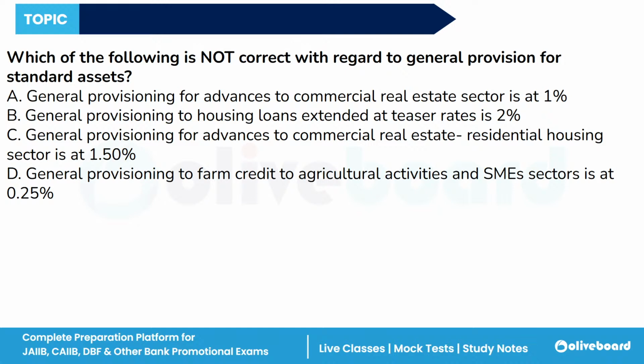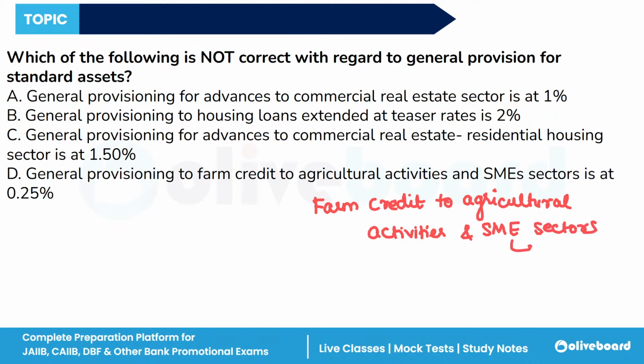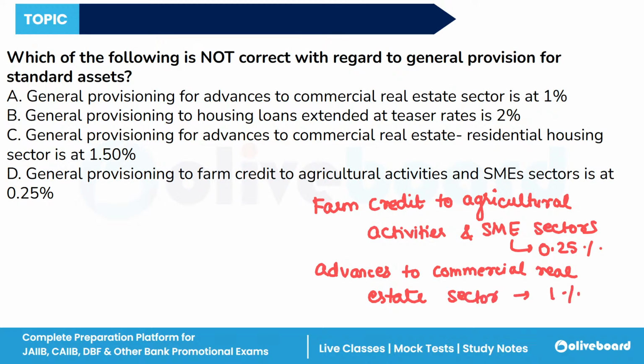Some of the rates are: for farm credit to agricultural activities and the SME sectors, it is 0.25%; advances to the commercial real estate sector, I am just telling you for revision, is 1%; advances to the commercial real estate residential housing sector is 0.75%; and housing loans extended at teaser rates is 2%, and the provisioning on these assets would revert to 0.40% after 1 year from the date on which the rates are reset at higher rates if the account remains standard.